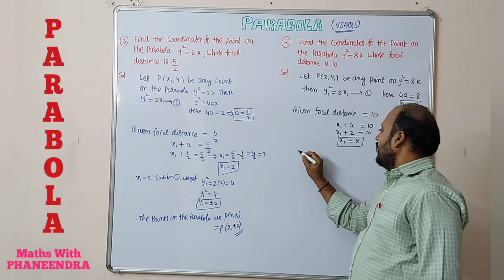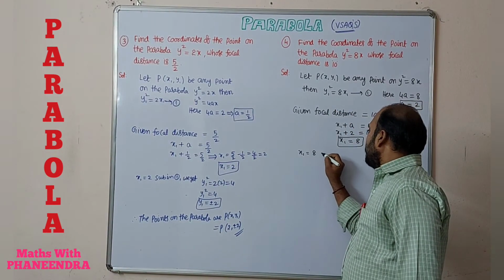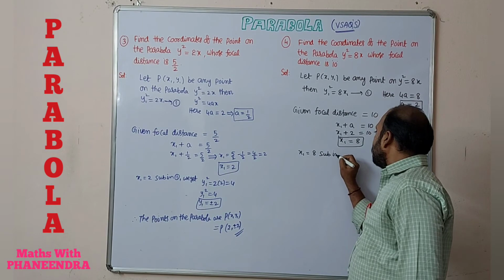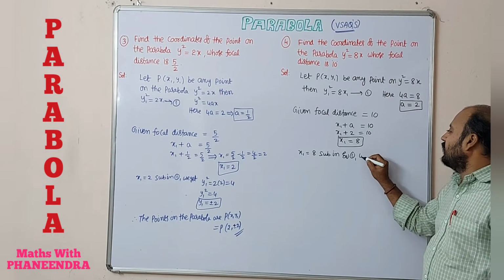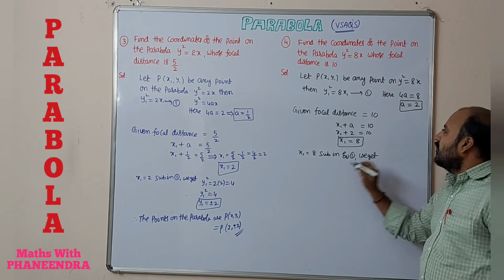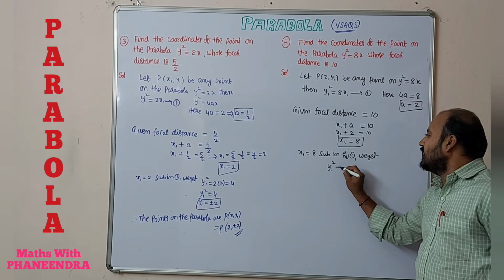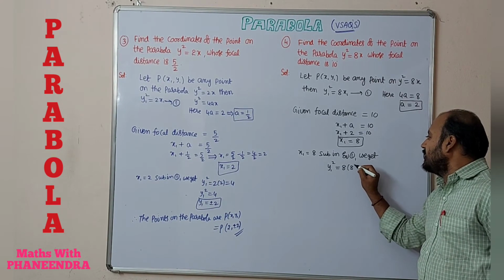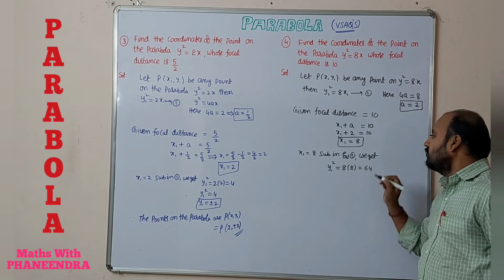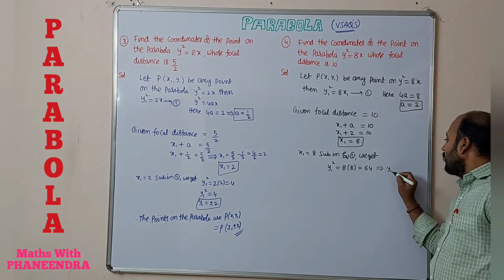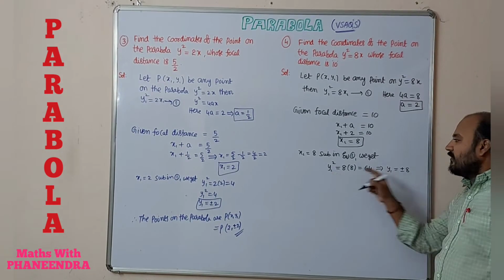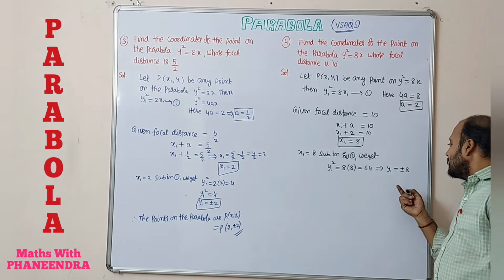Substitute in equation 1. x1 is equal to 8, substitute in equation 1. We get y1 square is equal to 8 into 8, 64. So y1 is equal to plus or minus 8. y1 is equal to root 64, plus or minus.